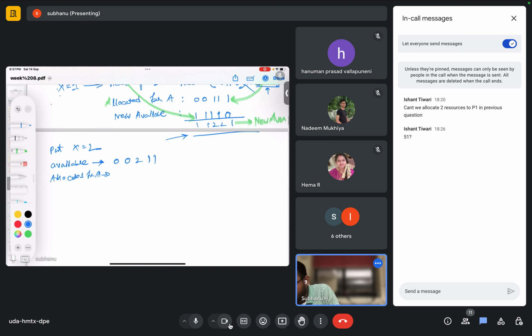Now can you solve this one? What will be the safe sequence? So here first see what is available.